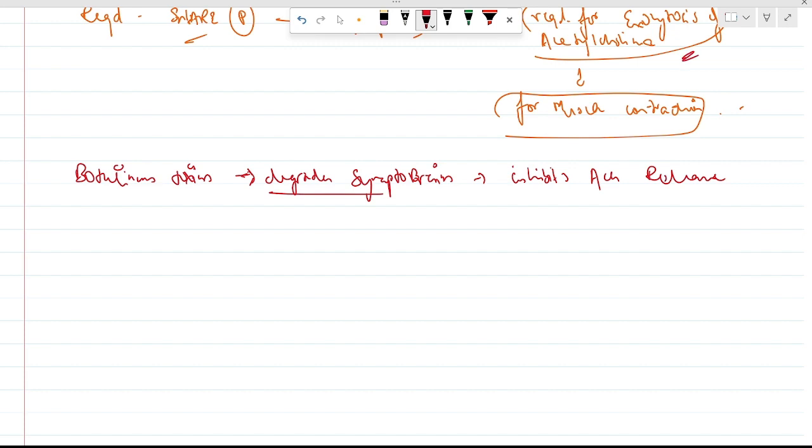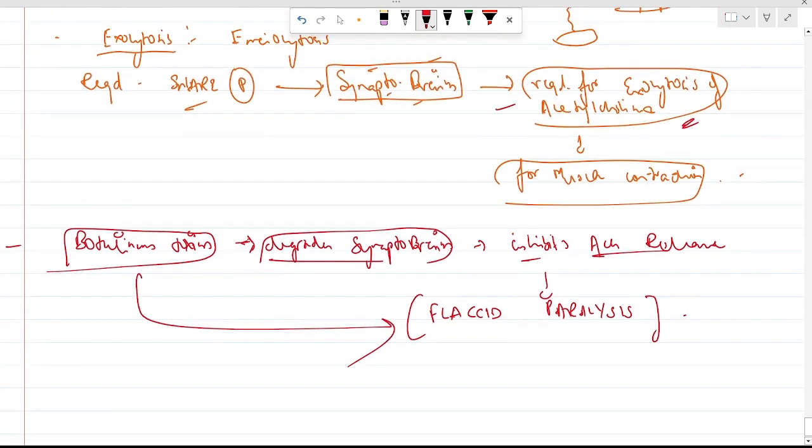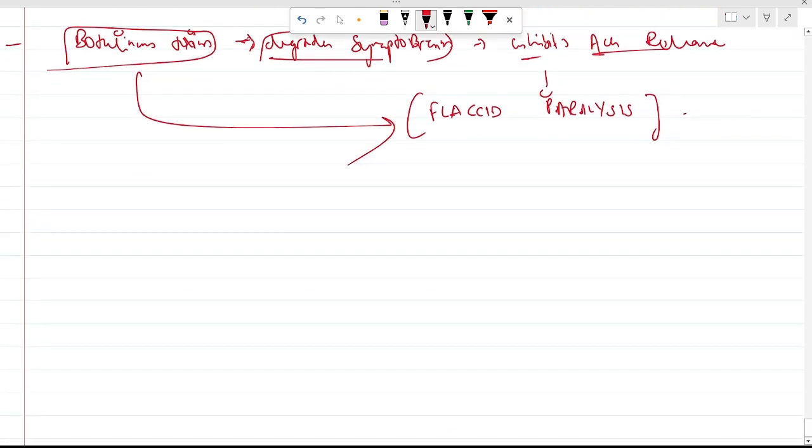Synaptobrevin is required for exocytosis of acetylcholine, so its degradation inhibits acetylcholine release. This leads to flaccid paralysis. Synaptobrevin is a type of SNARE protein. So these are some important clinical discussions.